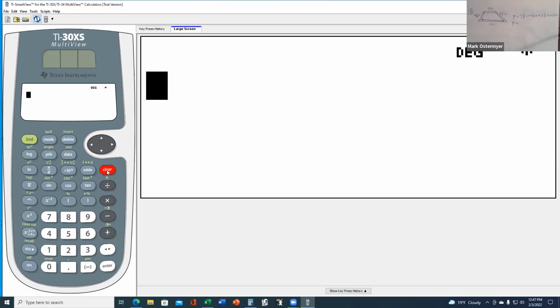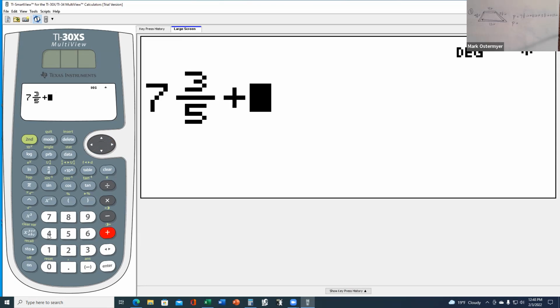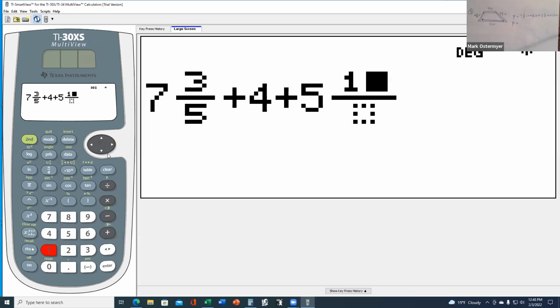So we clear our screen and we add all these dimensions together, 7 3/5. We go get our mixed number template, 7 3/5. That's going to get added to 4 inches plus 5 1/5 inches. Plus 13 inches.